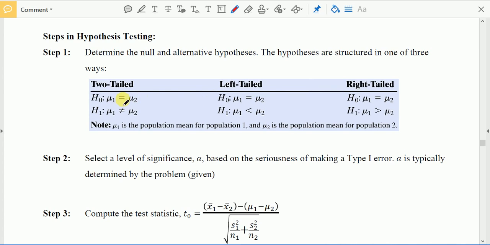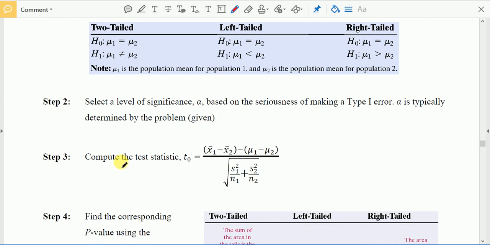For the two-tail test, the alternative hypothesis is that mu1 is different from mu2. For the left tail, mu1 is less than mu2, and the arrow points to the left. For the right tail, mu1 is bigger than mu2, and the arrow points to the right. Again, you are given the level of significance alpha. Now you compute the test statistic.